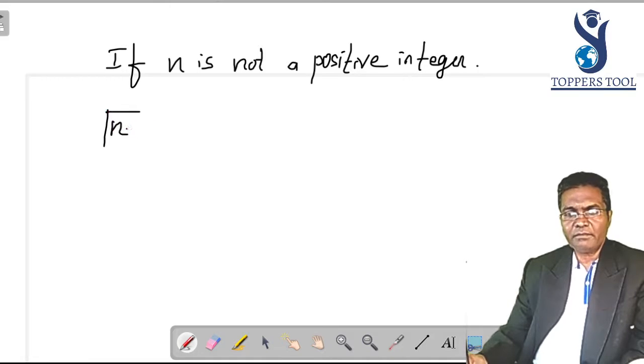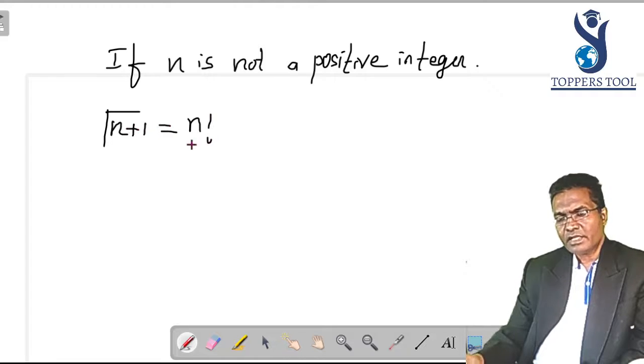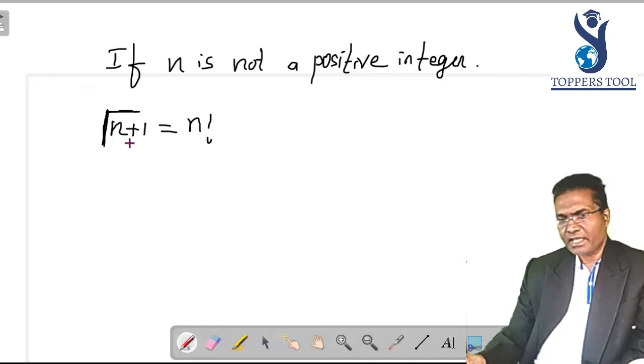Gamma n plus 1 is equal to n factorial. This is the notation for gamma n plus 1. So n factorial is equal to gamma n plus 1.